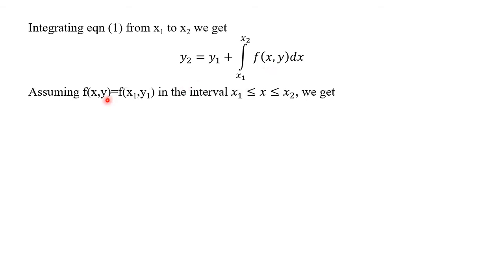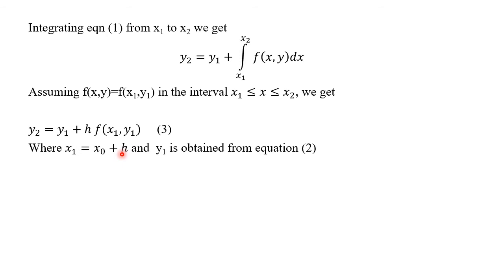Now, if you integrate equation 1 from x1 to x2, before we integrated that from x0 to x1, now I'm going to integrate from x1 to x2, then obviously this will give you this equation, and I assume f of xy is equal to f of x1 y1 in the interval x1 to x2, then we'll get y2 is equal to y1 plus h into f of x1 y1. So that's the idea.